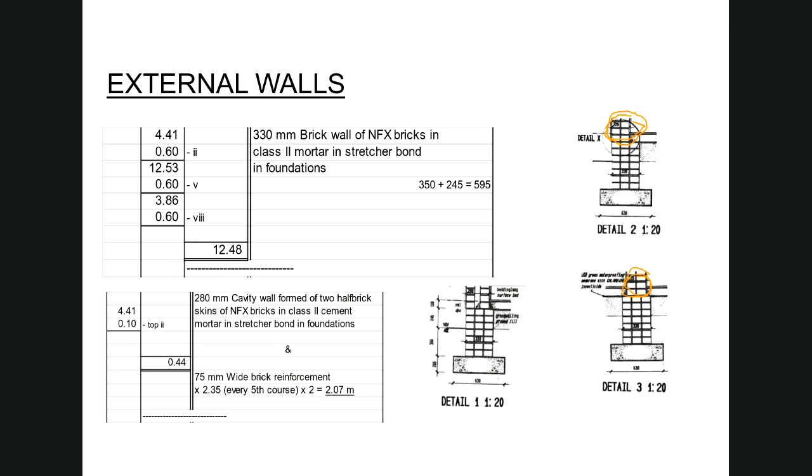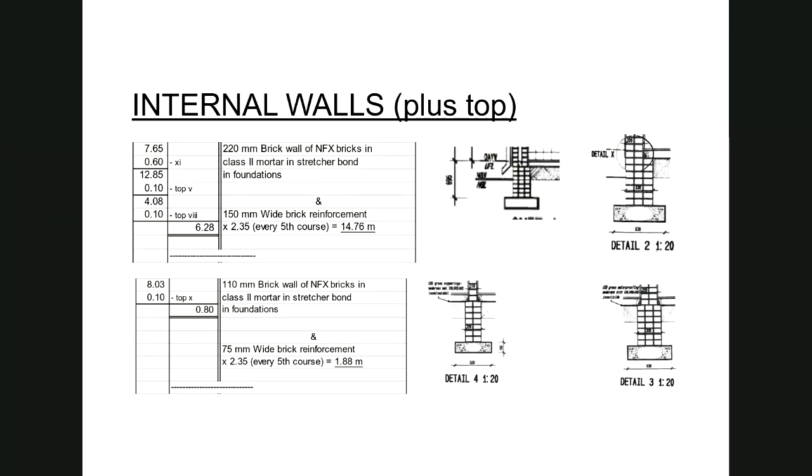But when we move on to the internal walls, for detail 4, we have a 220 wall on the bottom part. But that 220 wall that I have over there, the description is in foundations, is no different to the description that I have over there and the description that I have over there.